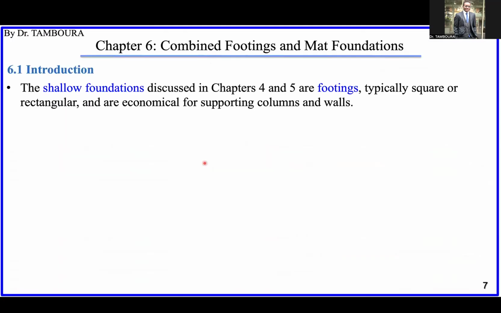So what we did in the previous chapters, chapter 4 and 5, everything was isolated footing. Okay, what we discussed in chapter 4 and 5.